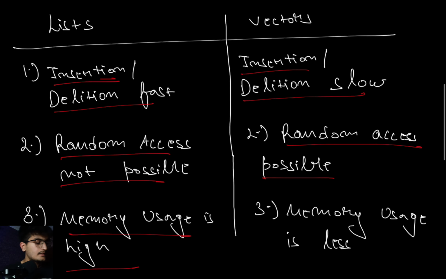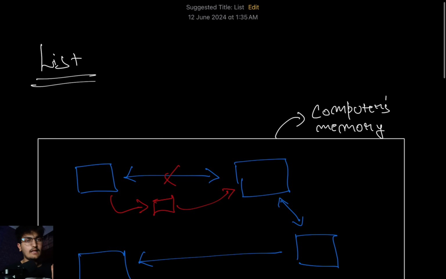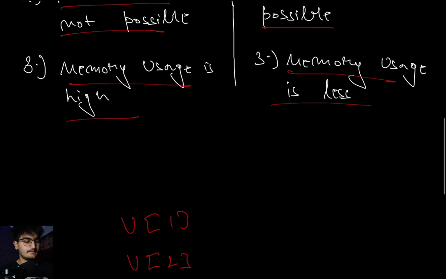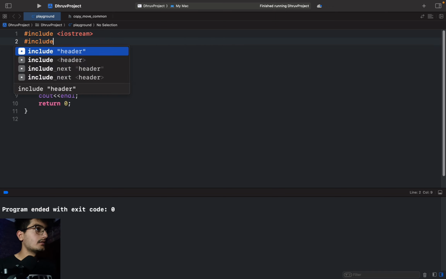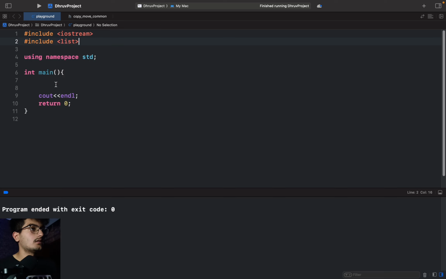Alright, this was all the basic things that you guys needed to know about list. Now we will see the syntax of list, and we will also talk about some functions associated with the list. In order to use list, obviously we will have to include it. And we will create a list in the same manner we created a vector.